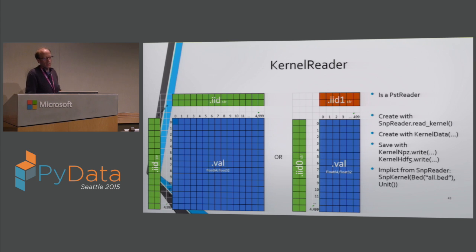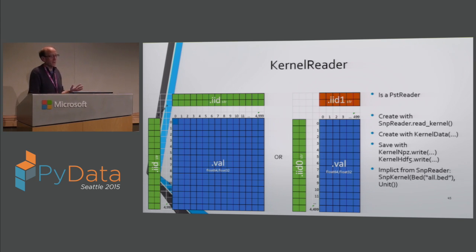One slide on kernel-reader. Kernel-reader is just what you'd expect for representing this person-to-person information that we see in genomics. So there's two flavors of it. One, if the rows and column names just happen to be exactly the same, it will note that. Or they can be different.